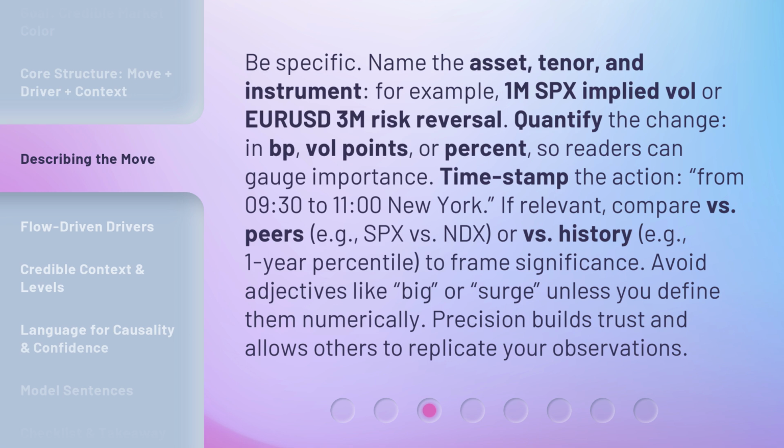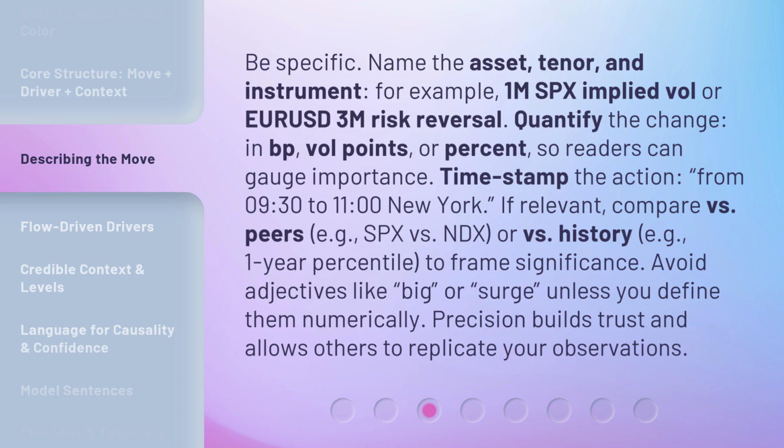Be specific. Name the asset, tenor, and instrument. For example, 1M SPX implied volume or EUR/USD 3M risk reversal. Quantify the change in bp, vol points, or percent, so readers can gauge importance. Time-stamp the action, from 9:30 to 11 o'clock New York.